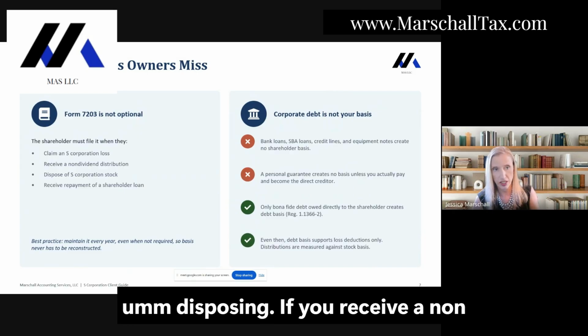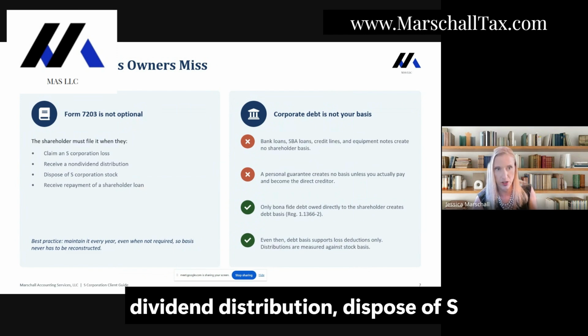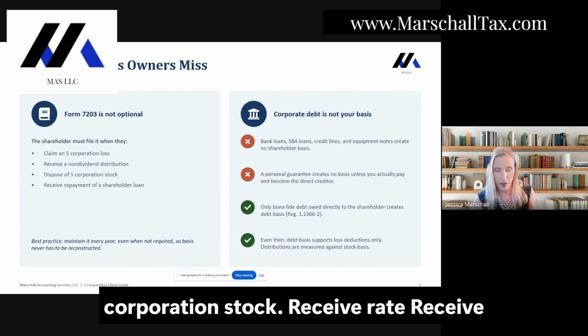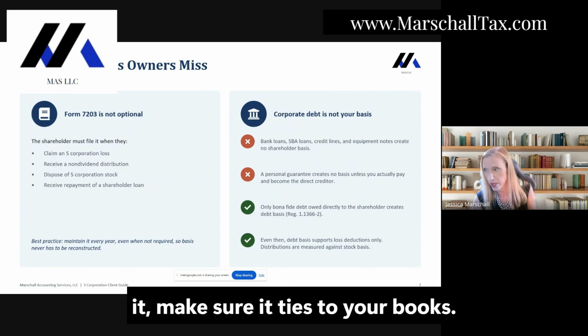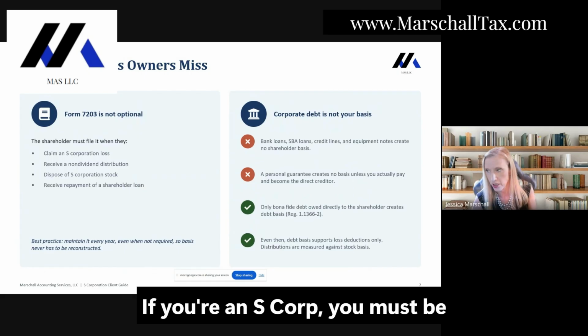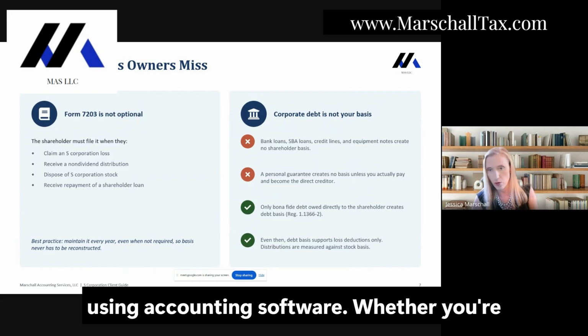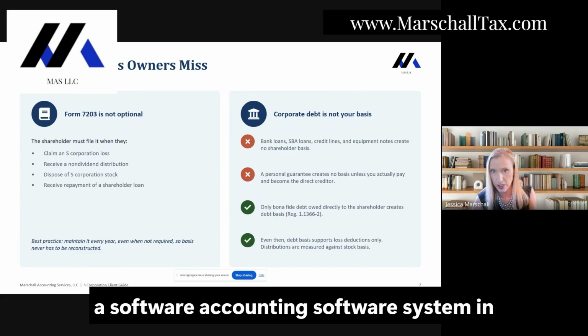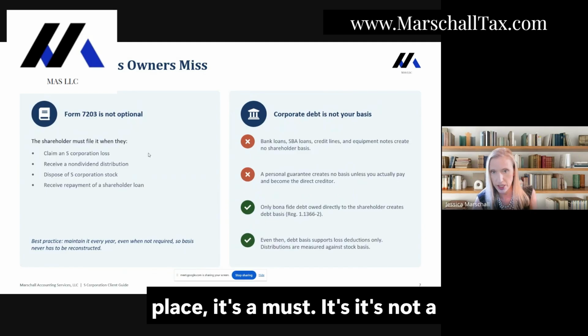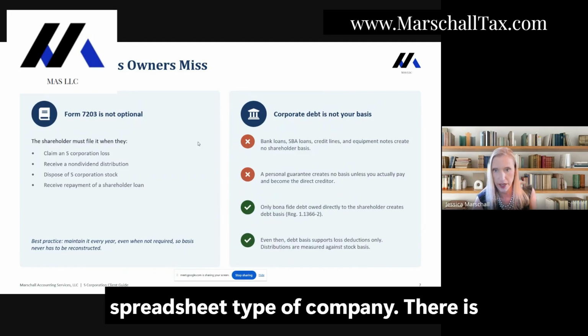If you receive a non-dividend distribution, dispose of S corporation stock, or receive repayment of a shareholder loan, you must file it. Maintain it every year, calculate it, make sure it ties to your books. If you're an S Corp, you must be using accounting software, whether a web-based QuickBooks or another accounting software system. It's a must. It's not a spreadsheet type of company.